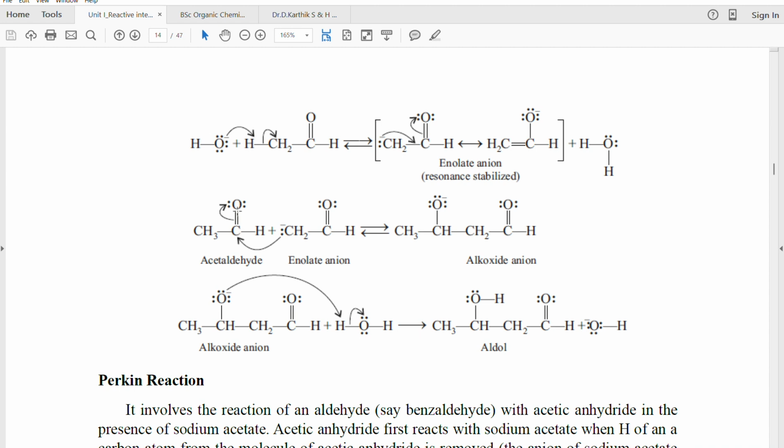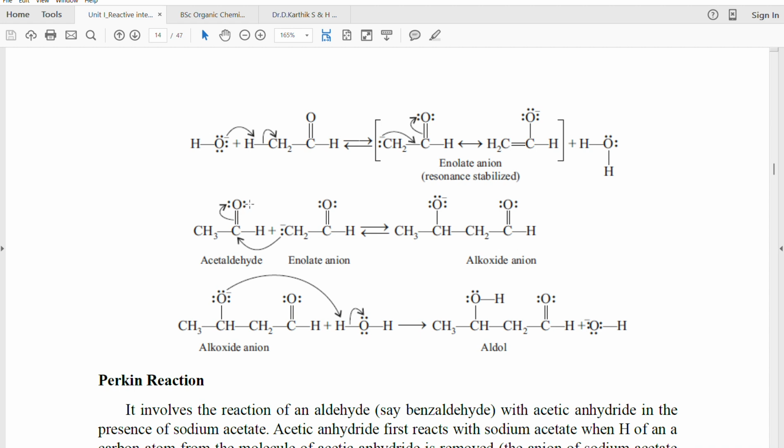As in the C double bond O bond, the oxygen is more electronegative, you know, right? So because of the electron withdrawing nature of the oxygen, it will pull some of the bond pair of electrons towards the oxygen.